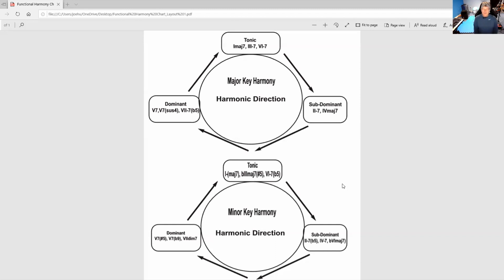So, for instance, in pop, the very common pop progression is going to be 1 major going to the 5 7, then going to the 6 minor, and then going to the 4. And a lot of times those are going to be more triads.